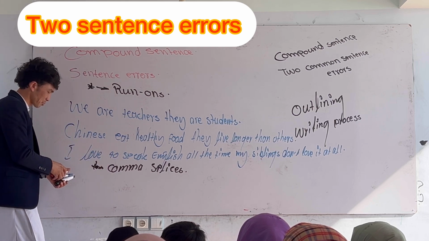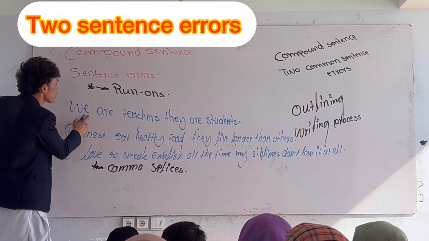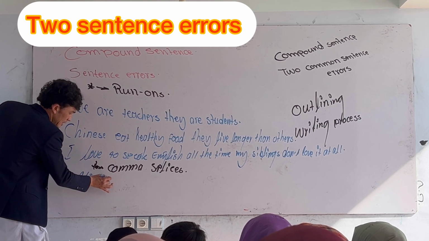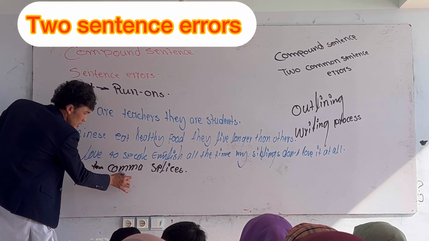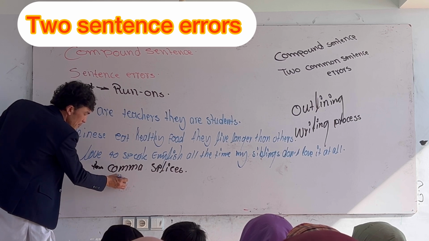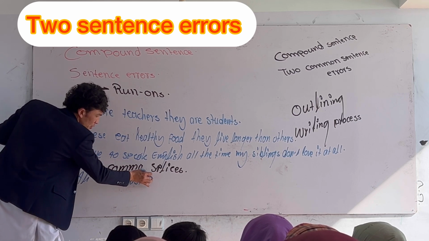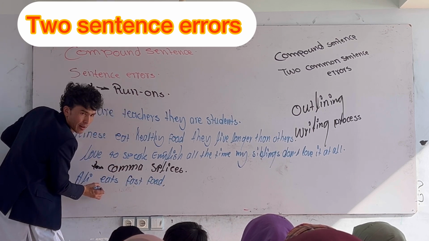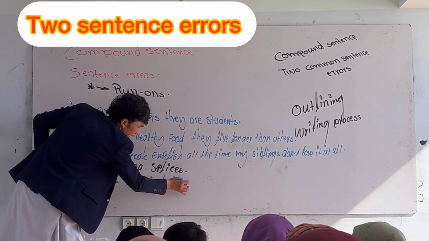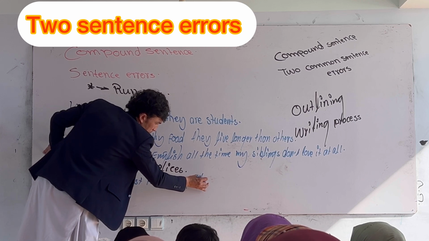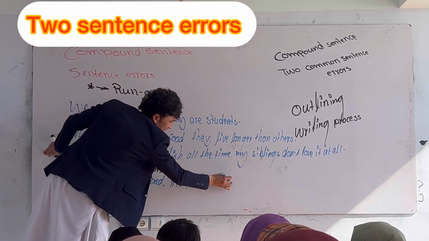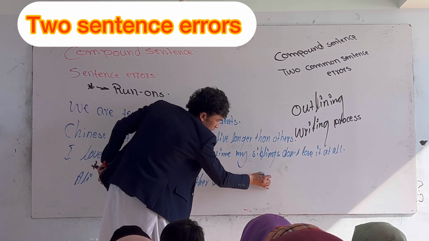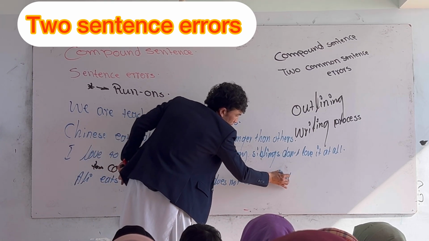How, for example? Now the first sentence, for example: Ali eats fast food, comma, his father does not eat fast food at all.